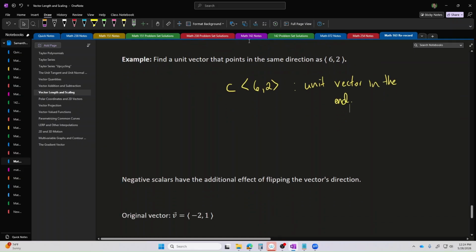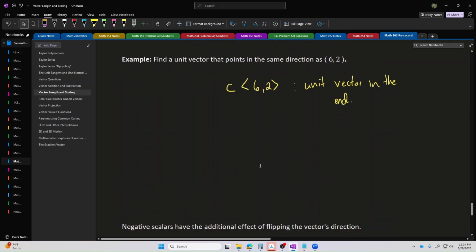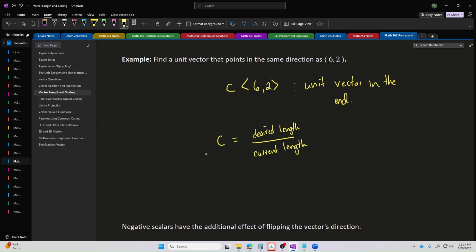To determine what value of c I should use, I'm going to again use this principle that I should scale by the length that I want divided by the length that I currently have. The length that I want is 1 unit because I'm trying to create a unit vector.